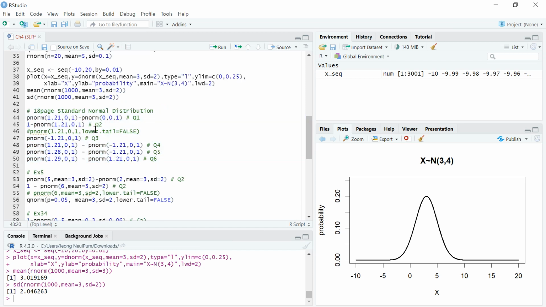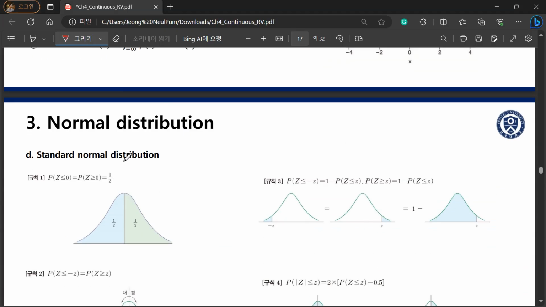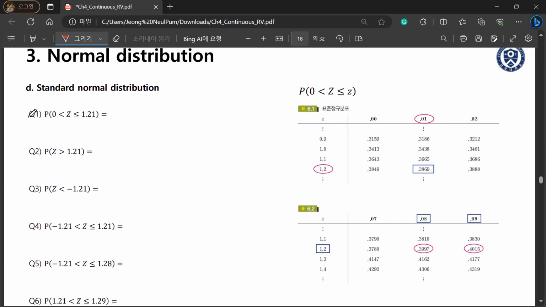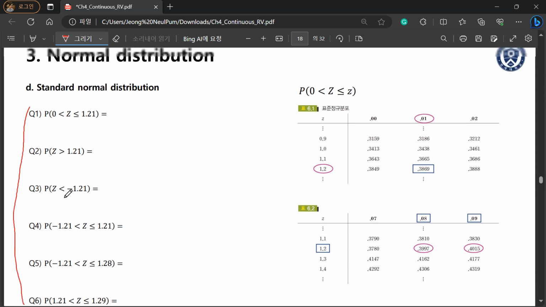And I think we also have to deal with some examples in our class material PPT. So let's start with this 6th example. Actually, this is the situation where we have to use the pnorm function because we are going to deal with the CDF function to solve these questions.